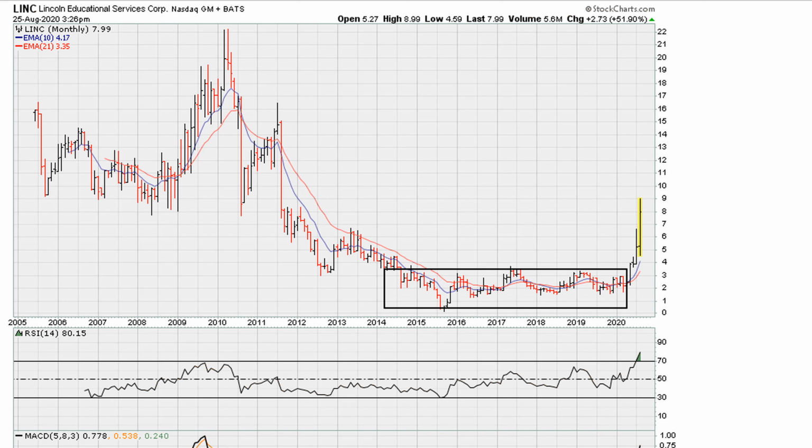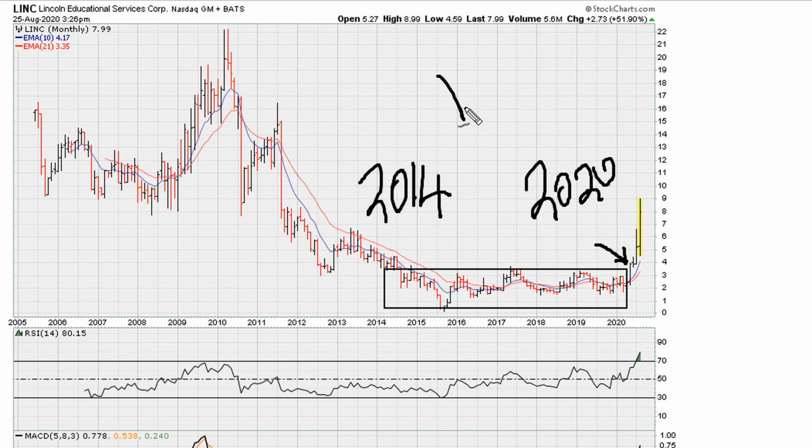You're talking about a lot of commissions generated by the instrument from about 2014 to about right here, which is May of 2020. Now these are years of pretty much nothingness, and yet you want to be available to capture some of this massive move here, which has seen the stock triple in price since May.